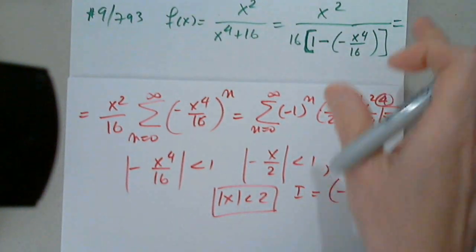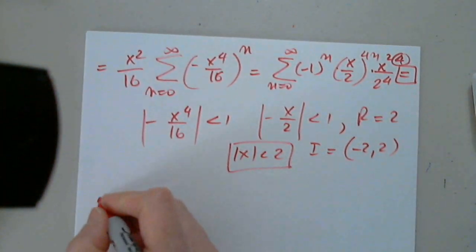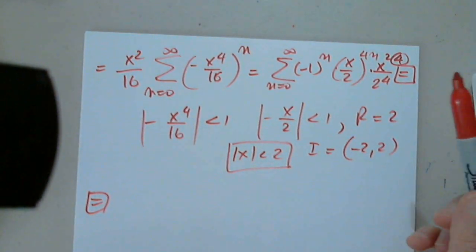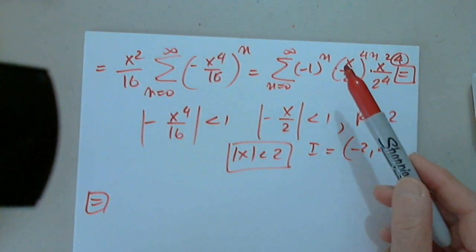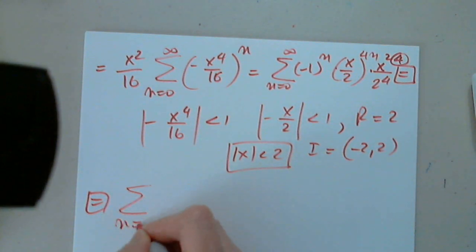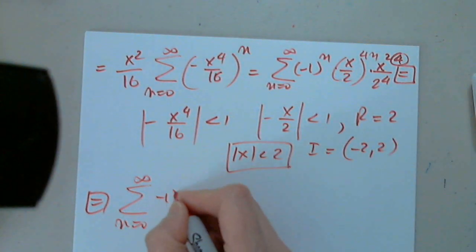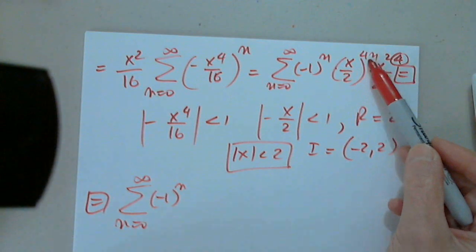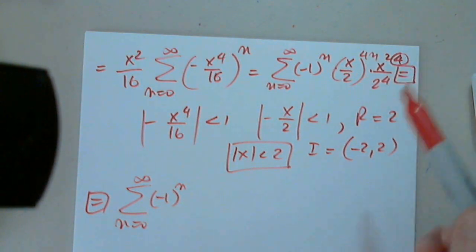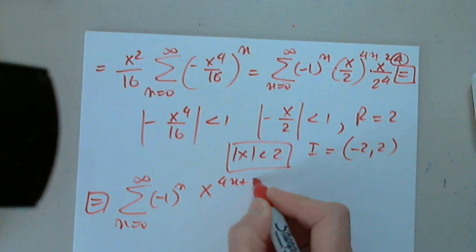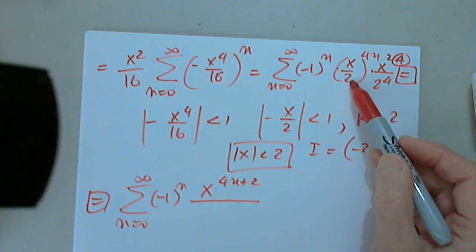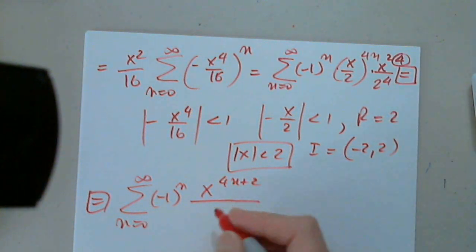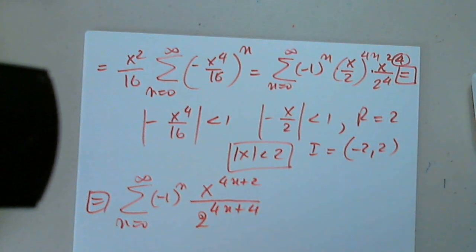Okay, so we simplify with n equals 0 to infinity, -1 to the nth power. So we have x to 4n plus 2, and here we have 2 to 4n plus 4. That's all we needed. And moving on to 21.